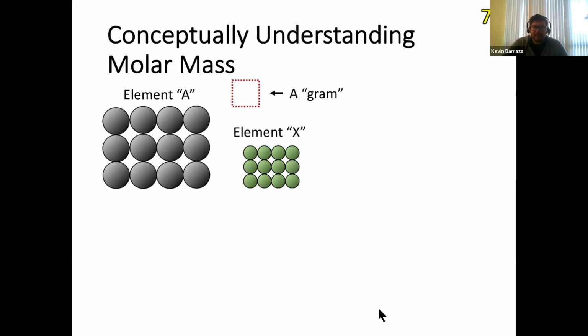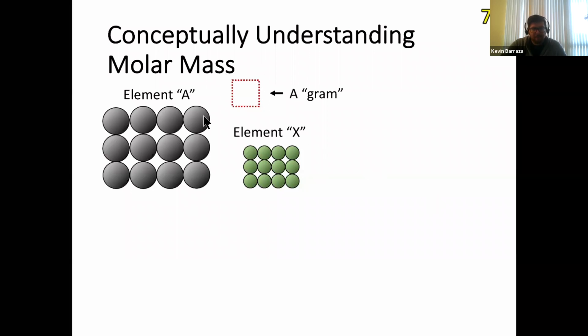So visually, if we were to connect this to a cartoon, say that a gram is represented by a box like you see here. Then we could ask, how many particles of element A fit into a gram? And how many particles of element X also fit into a gram?